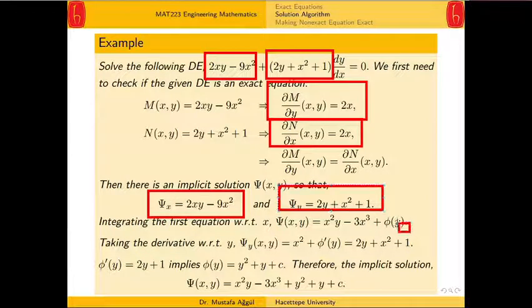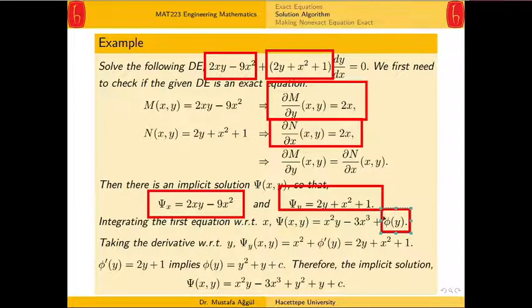There is something new here in this particular example. For example, if you consider psi and say we have y here, when we take the x derivative, this y will disappear.